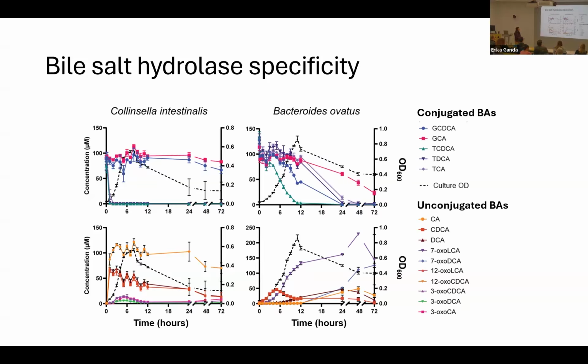So we have this increase in our CDCA followed by an increase in 7-oxo LCA. So that is the pathway that I've shown already. These are just 2 examples out of 4 that we have where a specific or slow bile salt hydrolase did not produce any MCBAs, but produced primary and secondary bile acids instead.